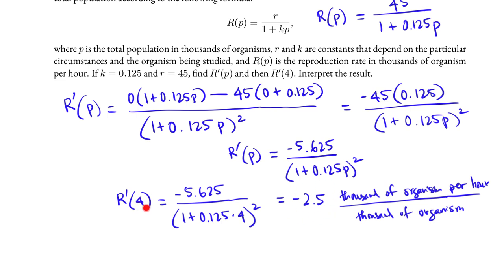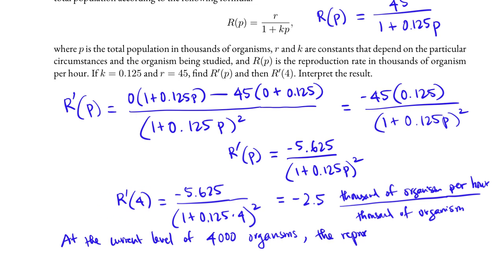The unit for this input, P, is thousands of organisms. So we would say that at the current level of 4,000 organisms, again, we have to include the input in the interpretation. The interpretation is about R prime, which is the reproduction rate.